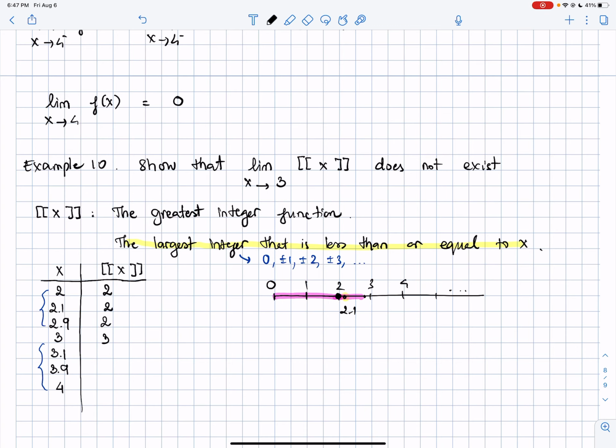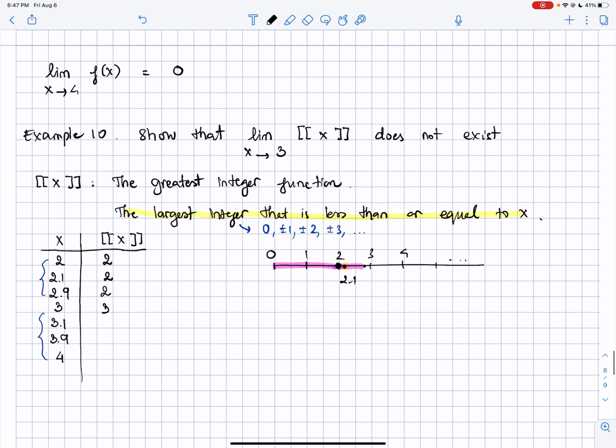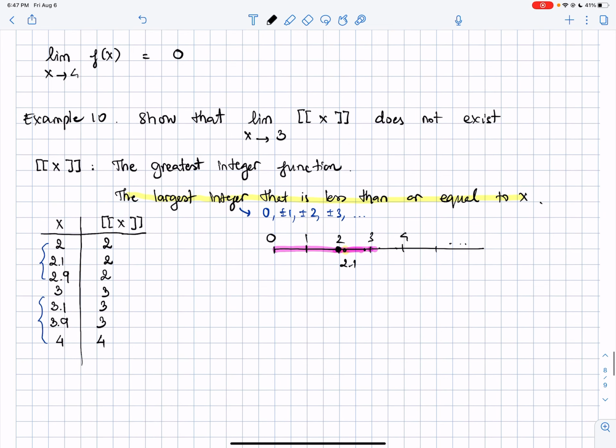If x equals 3.1 or 3.9, the largest integer less than or equal to it is 3. And if x equals 4, the output will be 4.